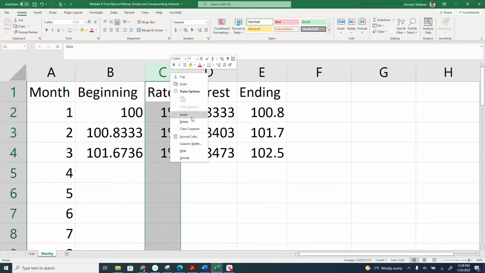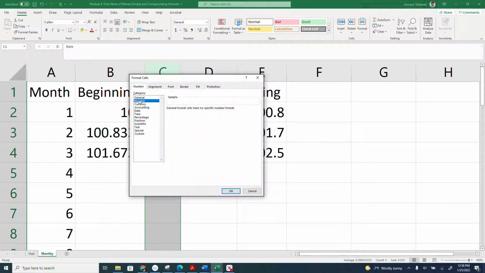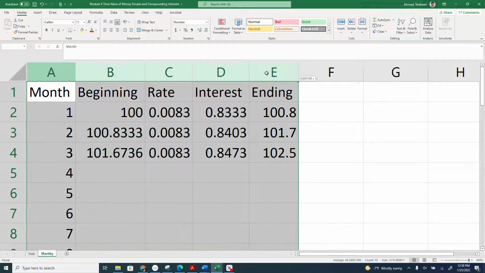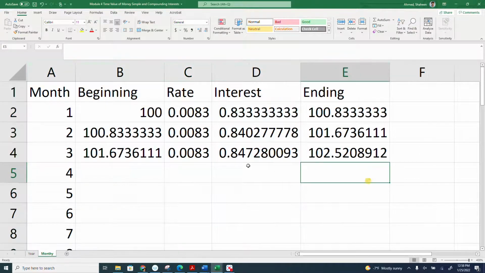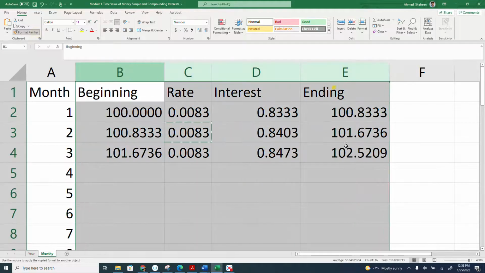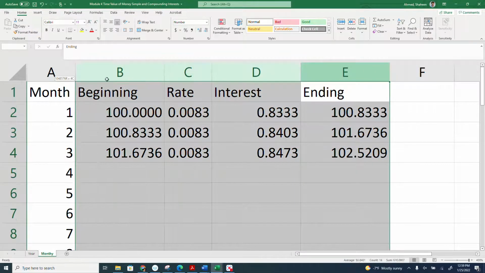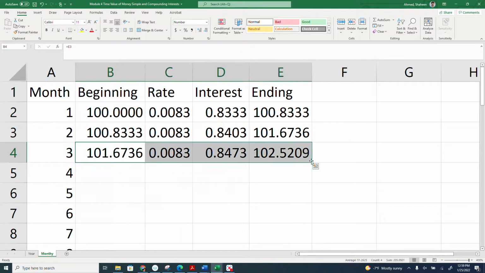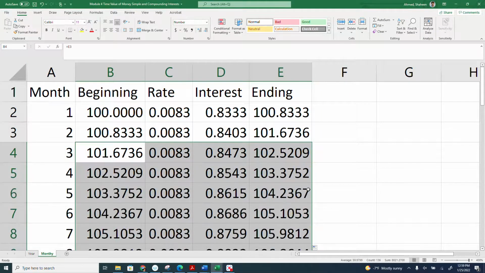I'm going to simply increase some decimal points so I can see a little bit more like this. I probably don't need that many decimal points, just simply like that. Now if you copy that all the way down, we have the formula set up.